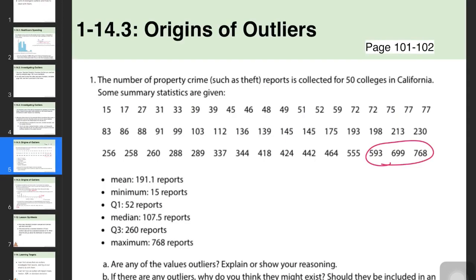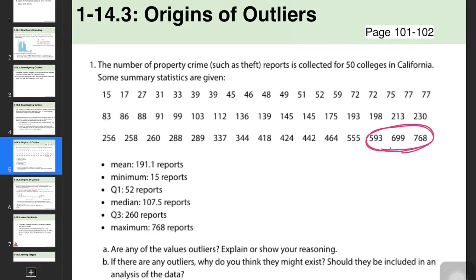Okay, so you've tried out the origins of outliers activity on page 101, 102. In this first one, these last three data points should be considered outliers because I think when you figured it out, anything above like 568 or 572, somewhere around there, should be considered an outlier.